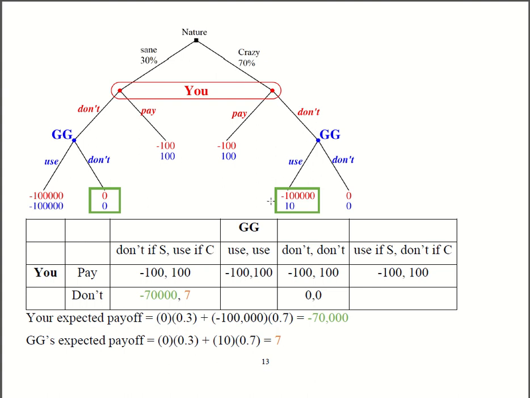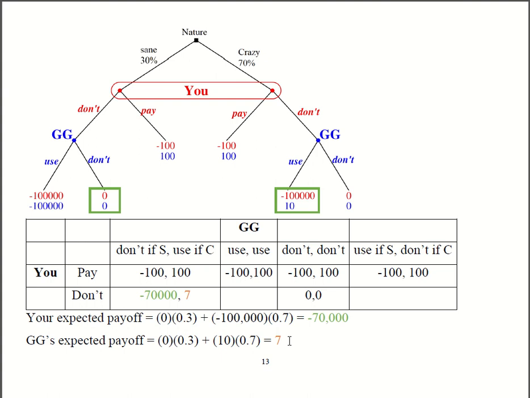That means that we're going to be over here. In that case, his expected payoff from this strategy is going to be positive 10. So you take that payoff of positive 10, and we weight it by the probability of 0.7. 10 times 0.7 is 7, and this is just 0. So overall, Grenade Guy is getting 7.